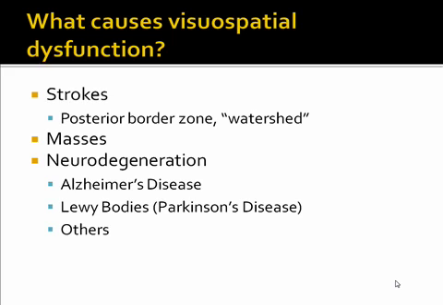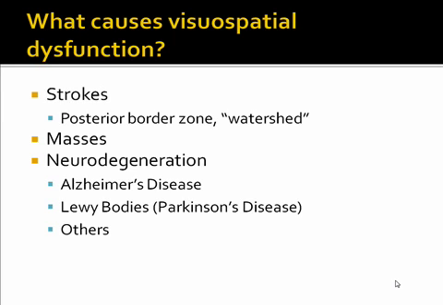So what kinds of problems are we talking about? One of the classic examples is a stroke, and specifically a type of stroke called a posterior border zone stroke. If you end up not getting enough blood flow to the brain in general, the most vulnerable parts of the brain, or the border zones, are usually what's affected.